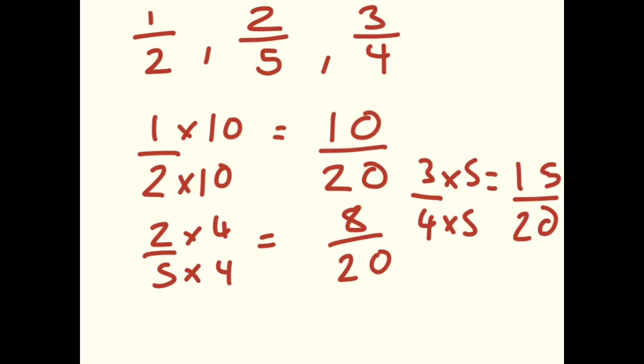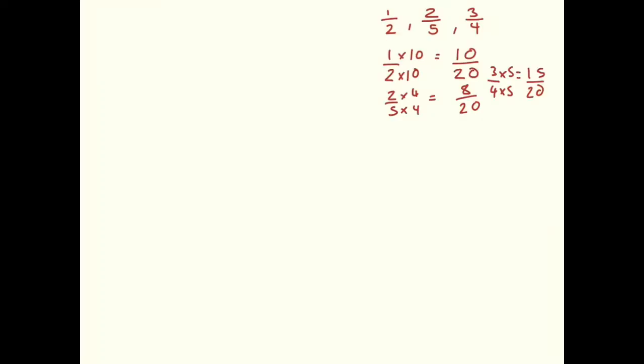Let's set this out quickly. If we compare all the numerators, we can see that 8/20ths is the smallest, so for my answer I would put 2/5, because 2/5 times 4 gives us 8/20ths.